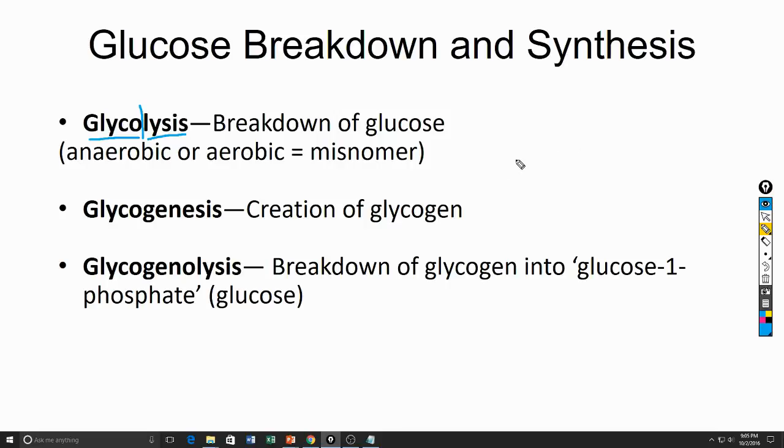Okay, pretty simple. We'll talk about it a little bit. There's a bit of a misnomer within glycolysis. Some people will use the terms anaerobic versus aerobic glycolysis, and it's not correct to say, because glycolysis is always anaerobic, but the end product of that process can be metabolized either aerobically or anaerobically.